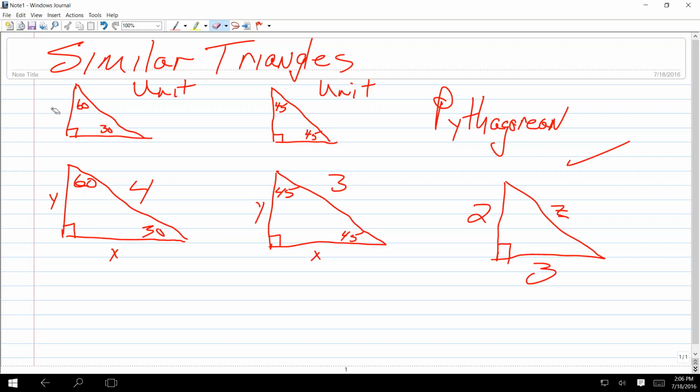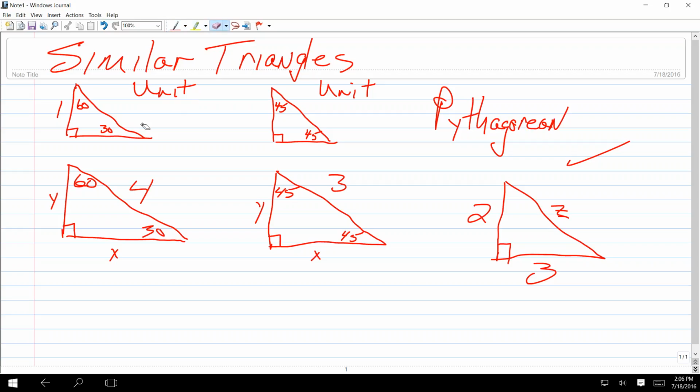Okay. What is that dimension? Because it's a unit triangle, it's 1. Hence the name unit. Okay? When I talk about unit triangles, it means always that the side opposite the smallest angle in the triangle is 1.